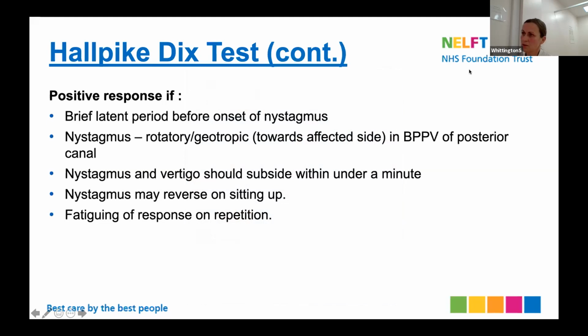What I tend to do is explain to them why I'm doing this, and I demonstrate it, and the patient can then decide if they want to go through that test. You basically have to rapidly move the patient from a sitting position with the head turned 45 degrees to the side that you want to test, and then bring them quite quickly to a lying position with the head tipped below the horizontal. This tests the anterior and posterior canal.